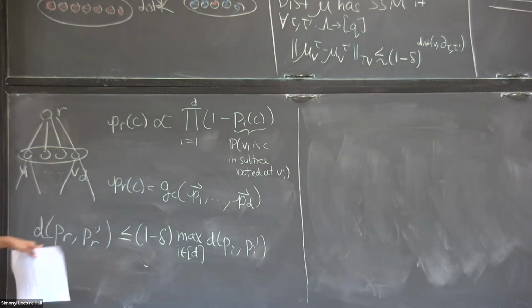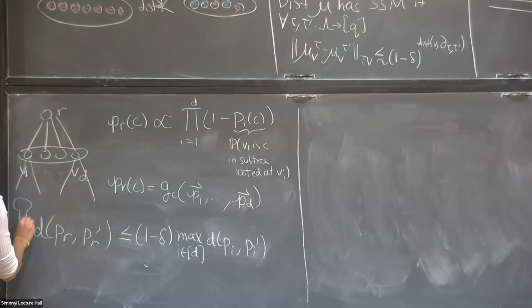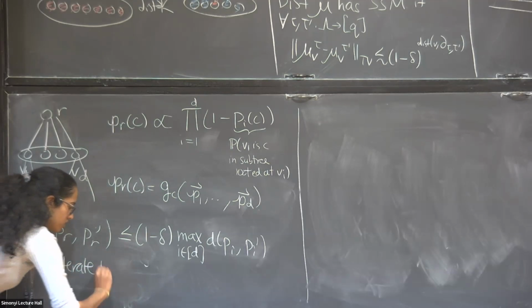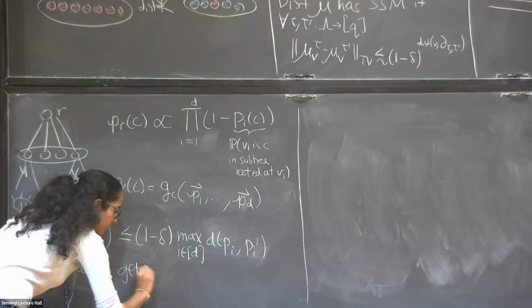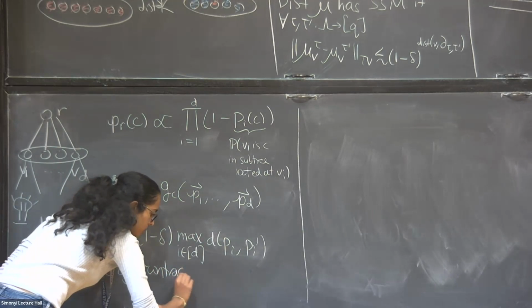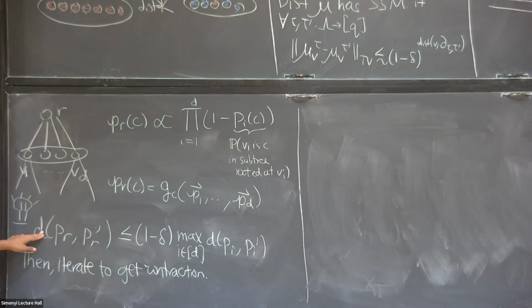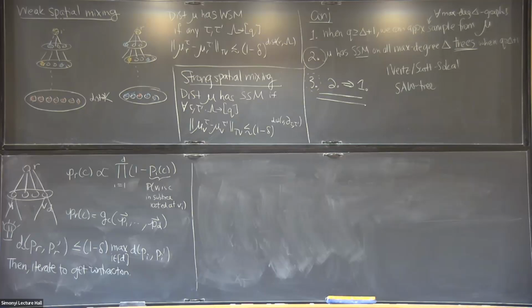Imagine we had some result like this, then we could iterate this to get contraction. If this distance was literally the total variation distance, we could plug this in and we get the desired strong spatial mixing result. Unfortunately, this is false for the total variation distance in the parameter regime we care about, which is very sad.